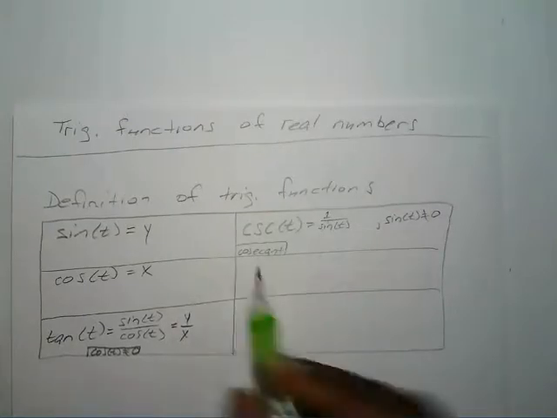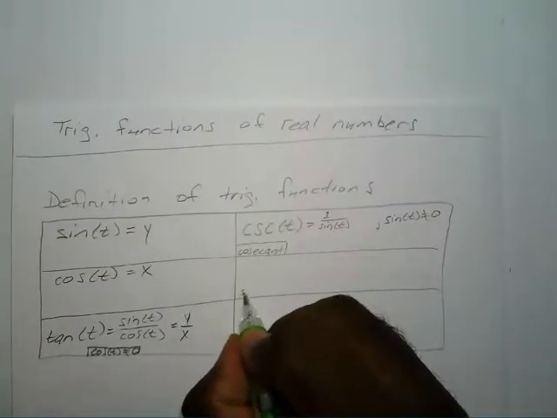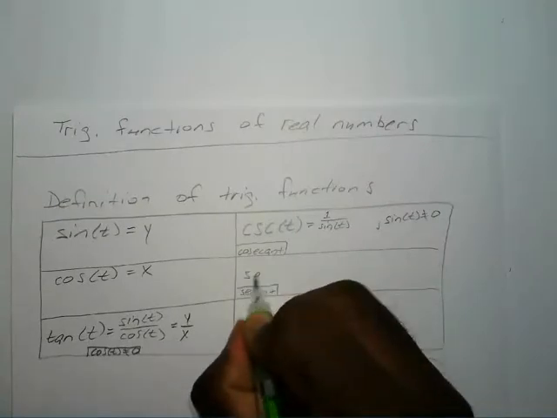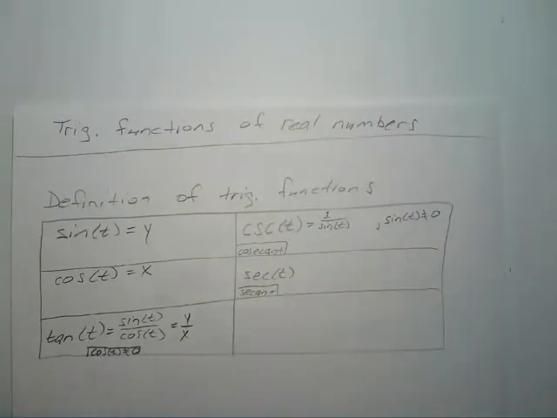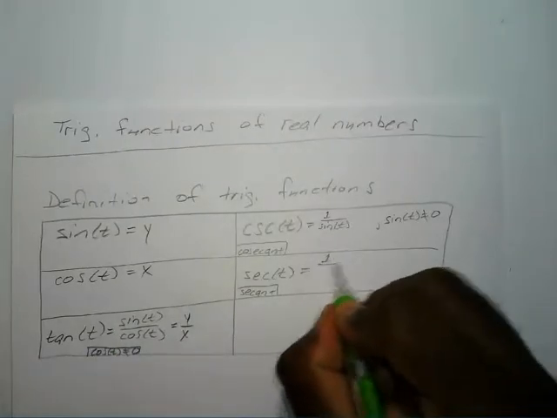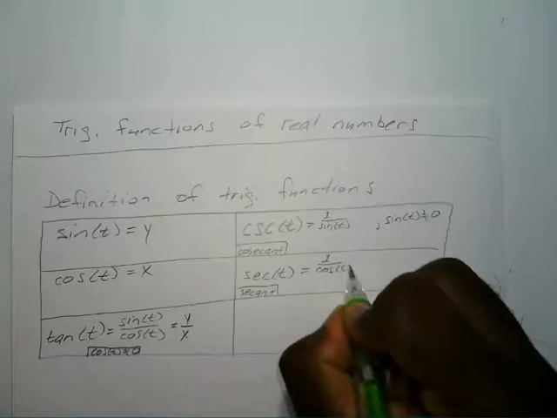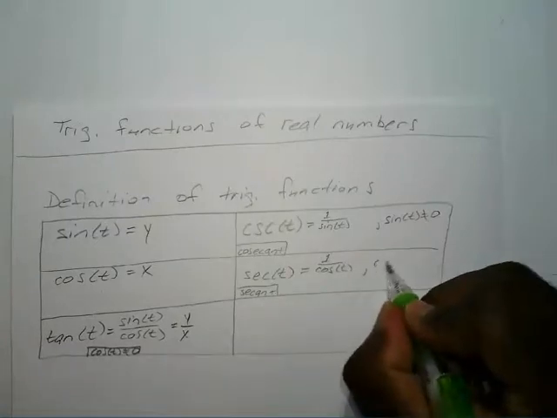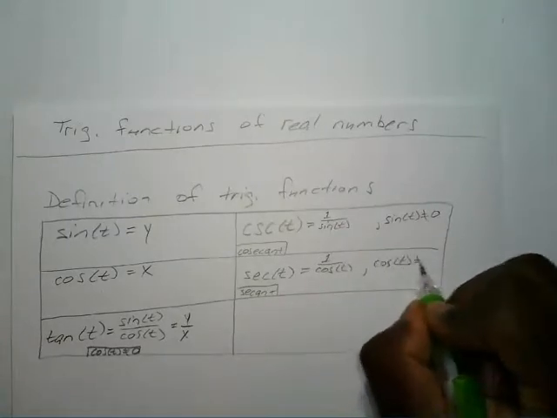Then you have secant, which is secant of t, and that's just the reciprocal of cosine. That's 1 over cosine of t, where of course cosine of t cannot equal 0.